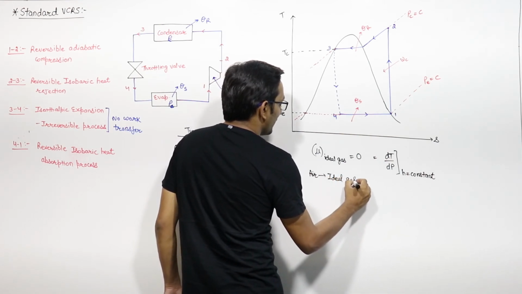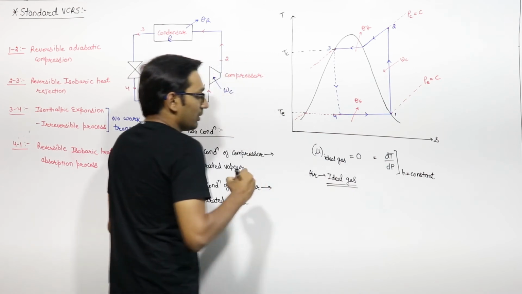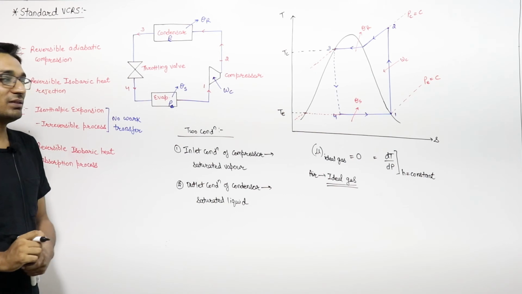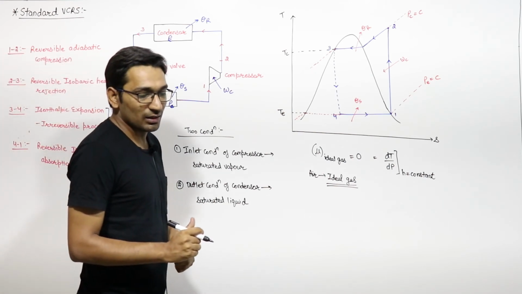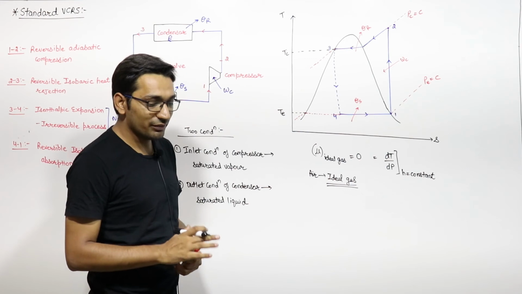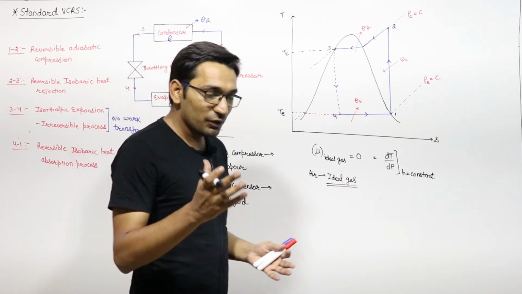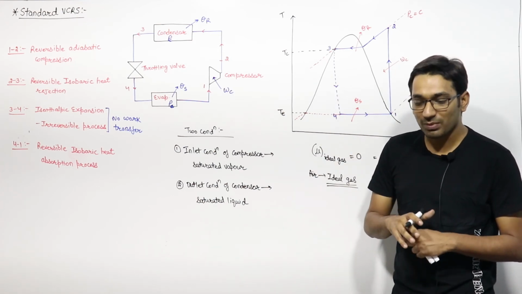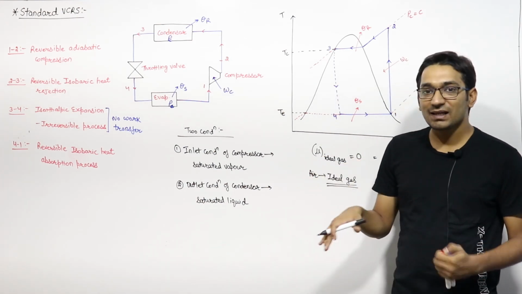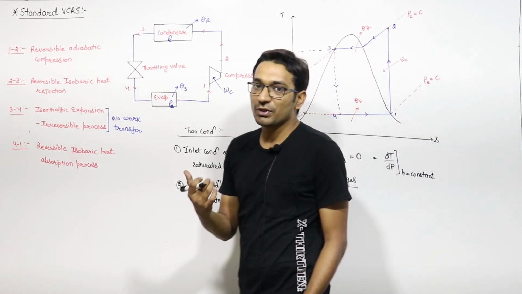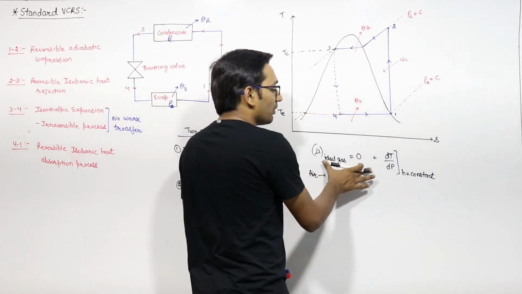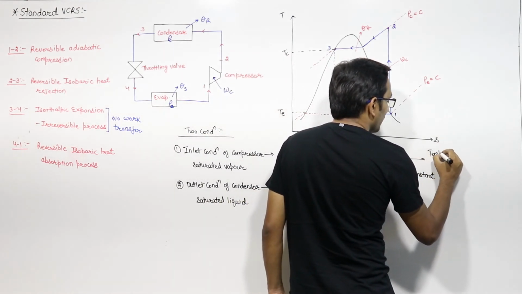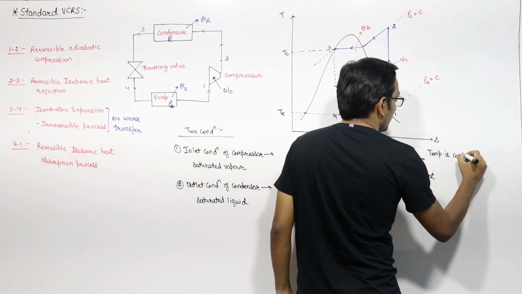So if you use the throttling device in the reversed Brayton cycle, expansion is there, pressure will reduce, but because air is an ideal gas, and for the ideal gas the Joule-Thomson coefficient is 0, that means temperature will remain constant.